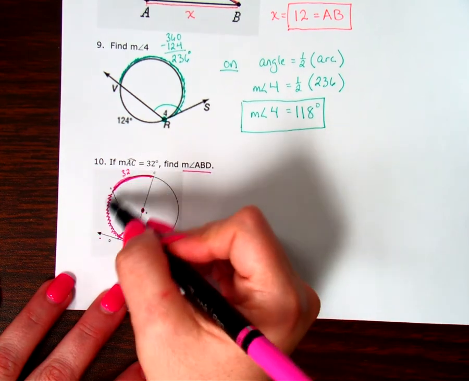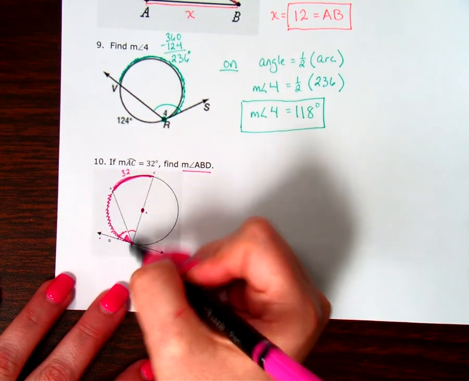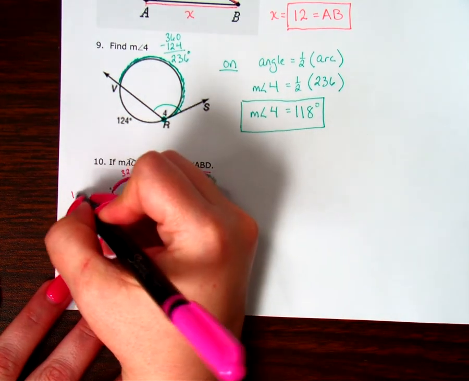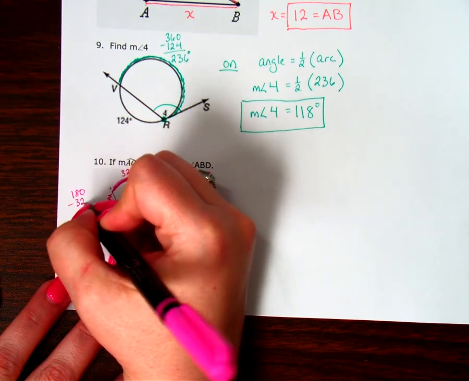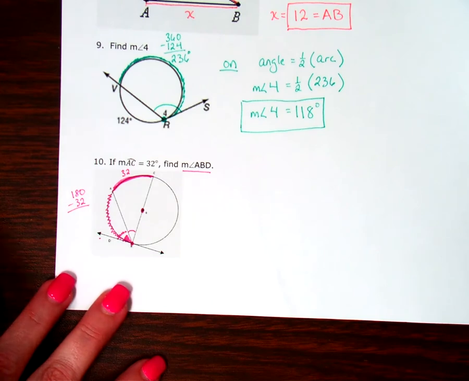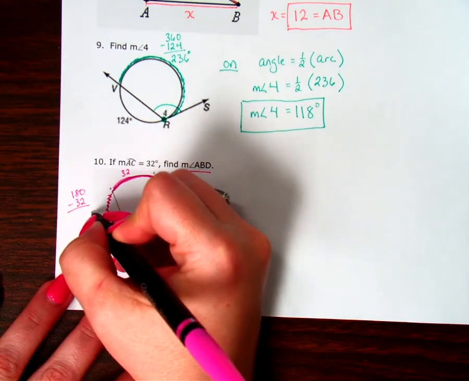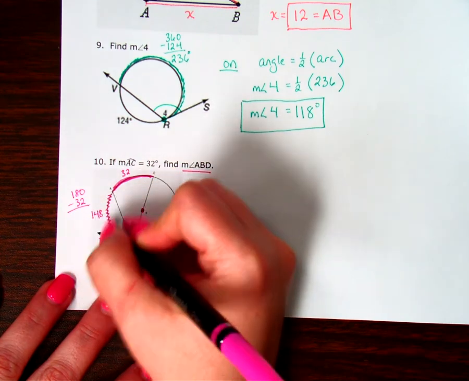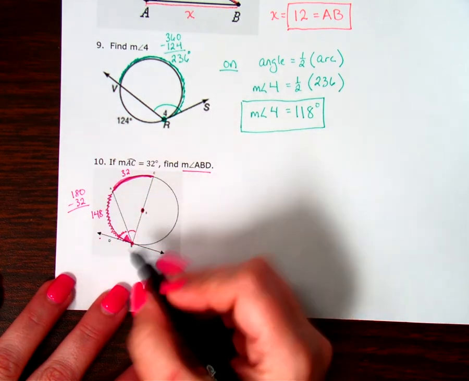Okay, there's 180 degrees on this side of the circle. I've used 32. Okay, so then 180 minus 32 is 148. So this arc here is 148.